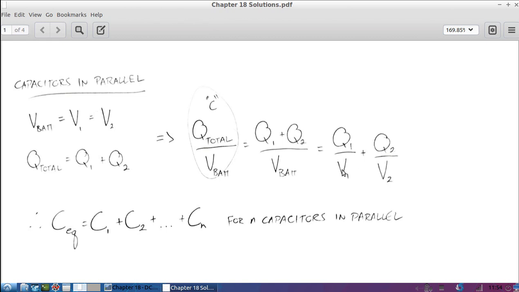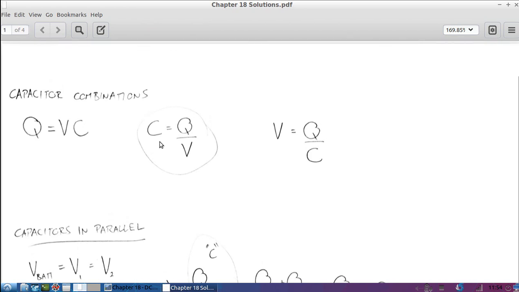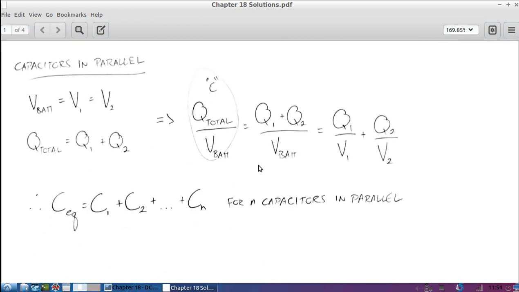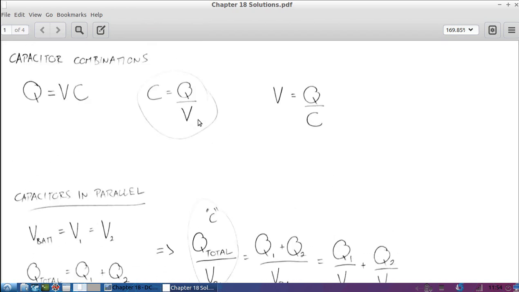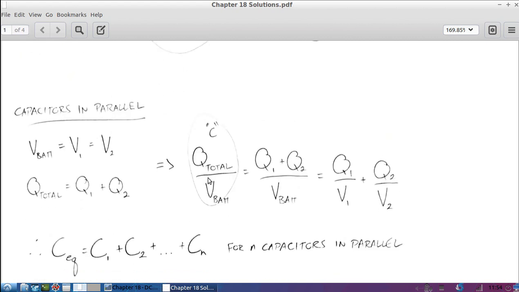So Q1 over V1 is C1. Q2 over V2 is C2. So the equivalent capacitance of this circuit is the sum of C1 and C2.